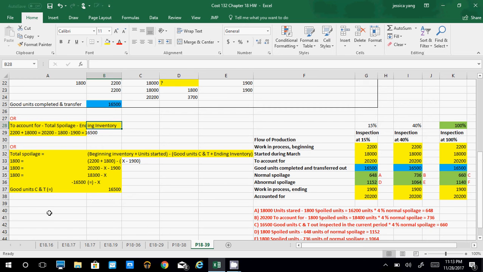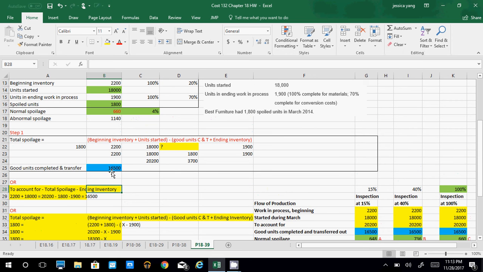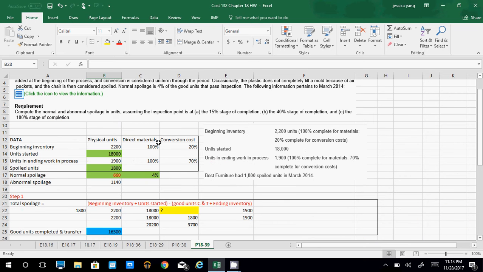So I enclosed the step-by-step of how to solve the good units completed and transferred as if you're solving for X. Now, because we know that good units completed and transferred is 16,500, I took that number and multiplied it by 4% because it tells us that normal spoilage is 4%.